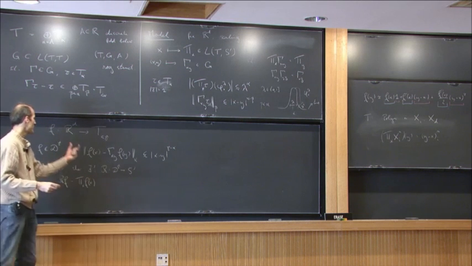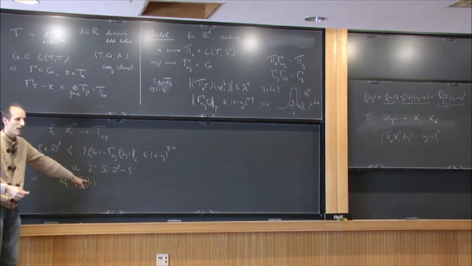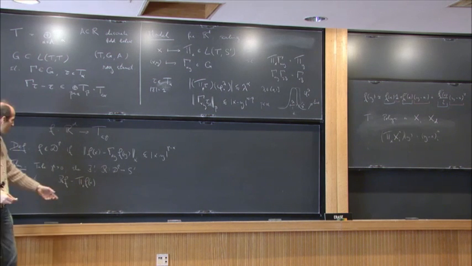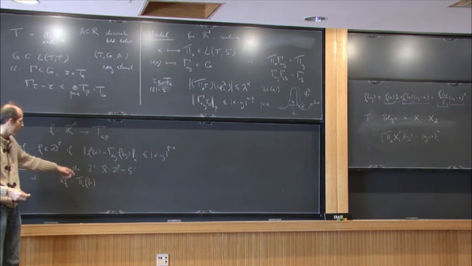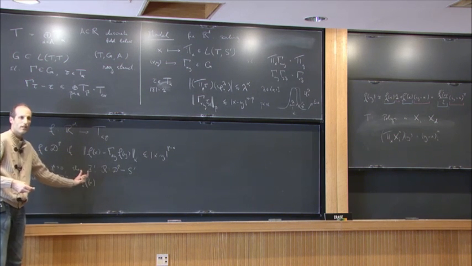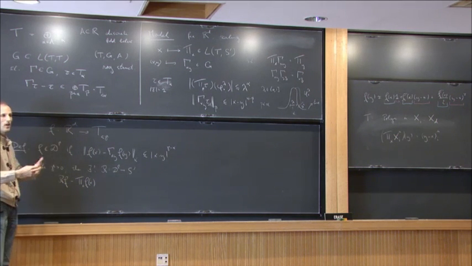So f of x is, if you want, your jet at the point x, and pi x f of x is the actual distribution that this really corresponds to. Now we want to say that around the point x, this guy is close to that guy, and ideally we'd want it to be close up to order gamma.